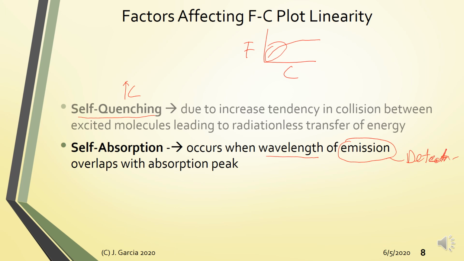Some part of the emitted radiation is reabsorbed by the unexcited molecules in the solution. So this is self-absorption. Both of these will lead to this kind of FC plot. So in general, although fluorescence spectroscopy is powerful, with very high sensitivity, its usability is for dilute concentrations only.